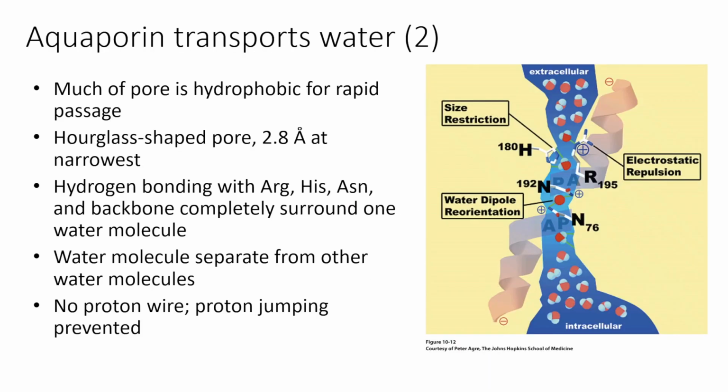I think so. Not all of it, but a lot of it. The part that's very selective is not, because the water molecules interact very specifically with that part, but the rest of it, because it's meant for very rapid transport of water, if you want water to go straight through without interacting a lot with it, it's more hydrophobic.